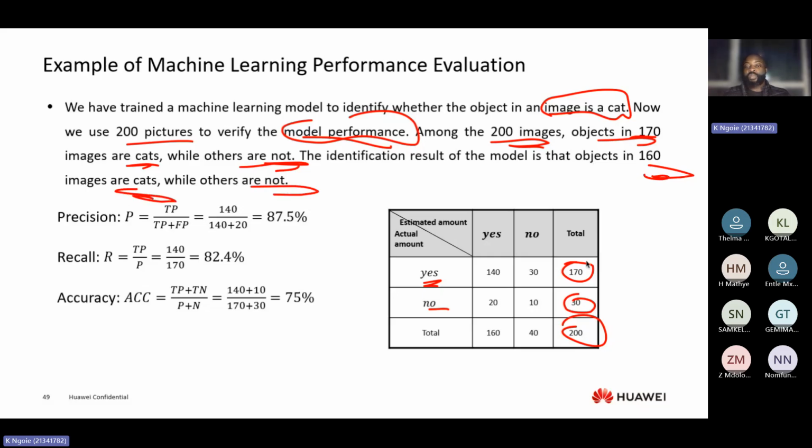As you can see here, instead of predicting 170 and 30, our system predicted 160 and 40. As you can see, that is the difference our system made.